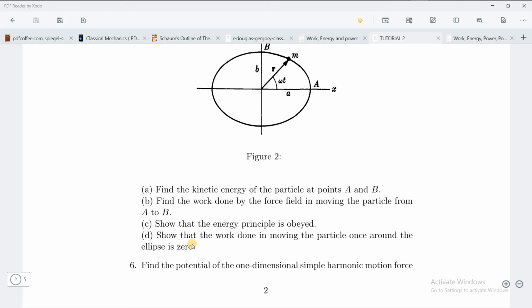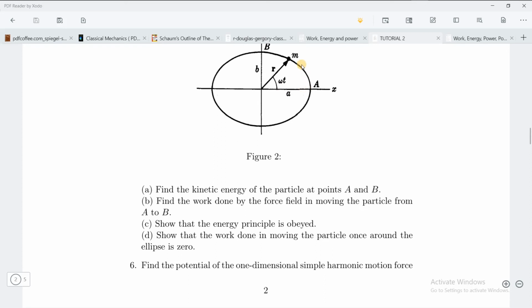Here we're going to see in the solutions: show that the work done in moving the particle once around the circle is 0. So the particle is starting from this base line here, going all the way up to that point, right? So starting from 0 degrees, going all the way up to 360 degrees.